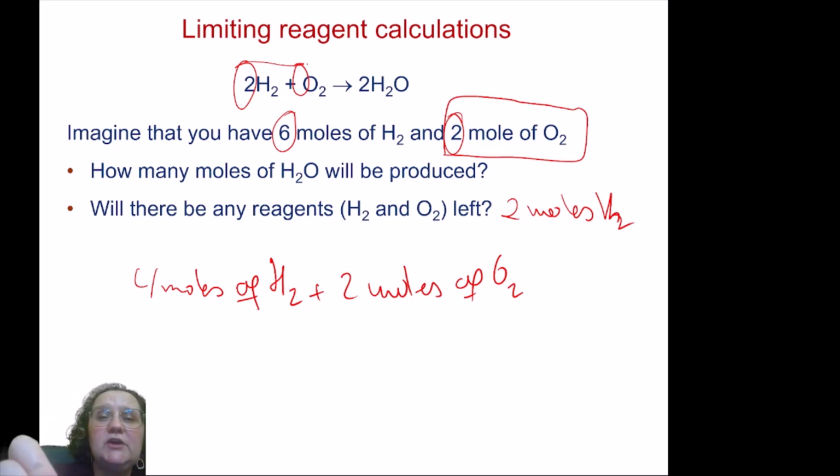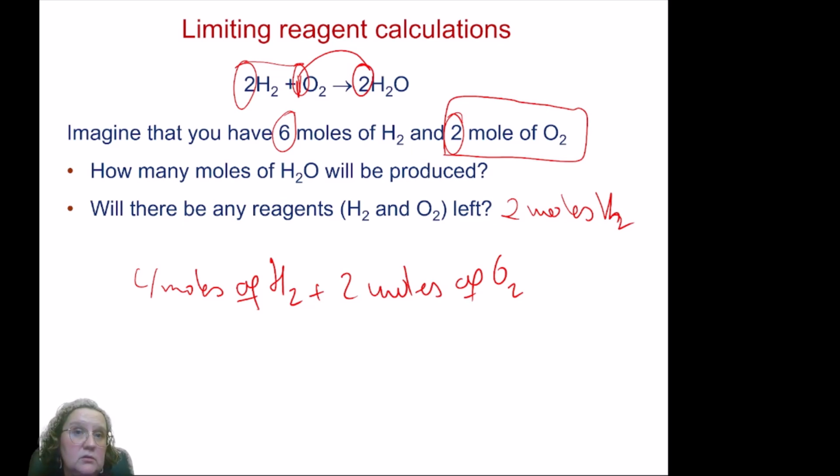So now the calculation is, okay, well, if I have 1 mole of oxygen, it gives me 2 moles of water. Well, if I have 2 moles of oxygen, I'm going to make 4 moles of water, double the amount of oxygen I've got.